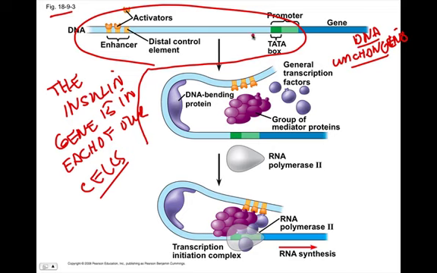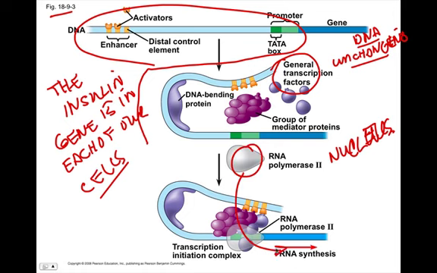And how is the insulin regulated? The answer is that transcription factors, proteins in the nucleus, in the pancreas, bind to the promoter and recruit RNA polymerase to transcribe the gene.